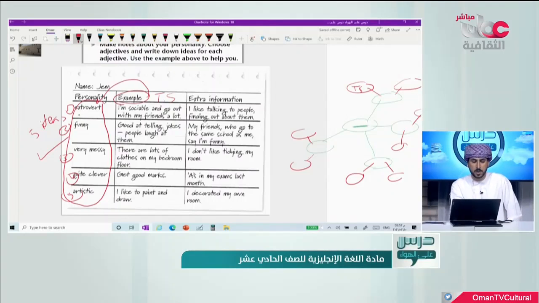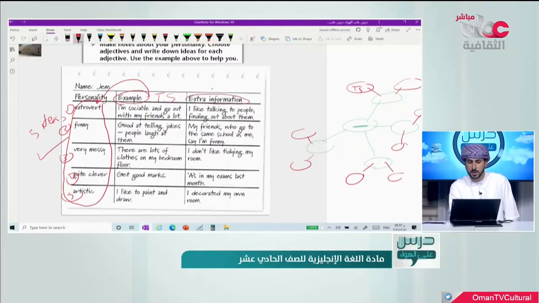For example, here, the first one, extrovert, which means sociable. The topic sentence of this paragraph will be what? I'm sociable and go out with my friends a lot. Now we need extra information. We need more examples, or maybe short episodes or stories or something like this. So we will add what?